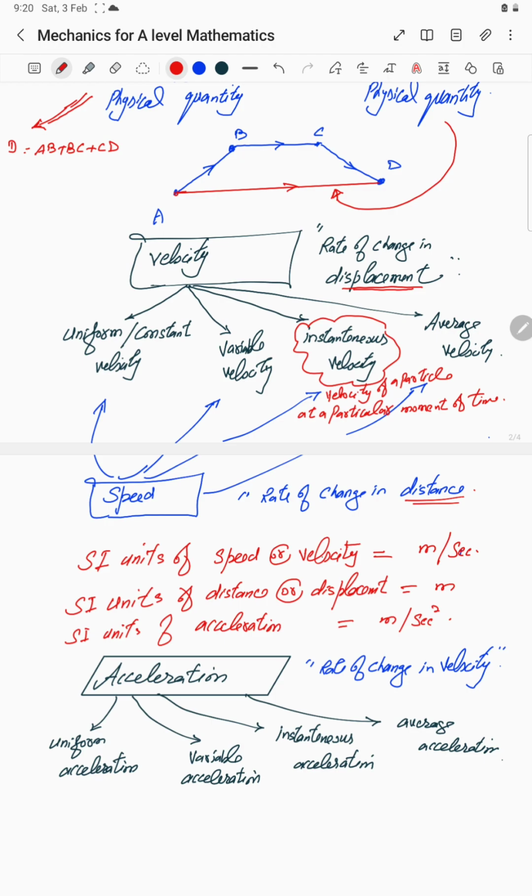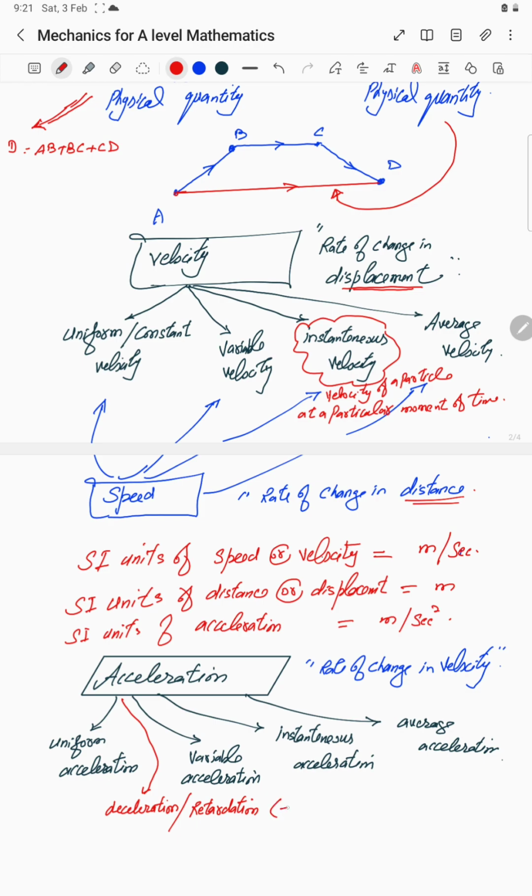Regarding acceleration, I can write the word deceleration, or I can say retardation.